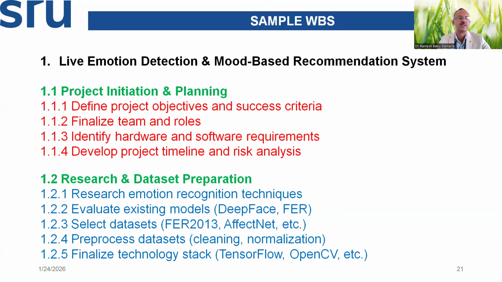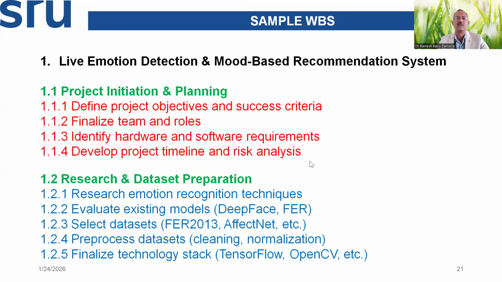Then the second main assembly is 1.2, which is research and data set preparation. From the diagram, these are drawn again here. Under data set and research preparation, the first third-level item is 1.2.1, under which emotion recognition techniques are researched. Evaluate existing models, that is another task.